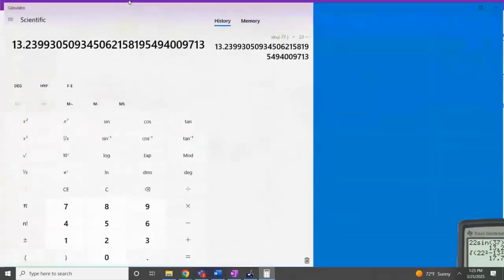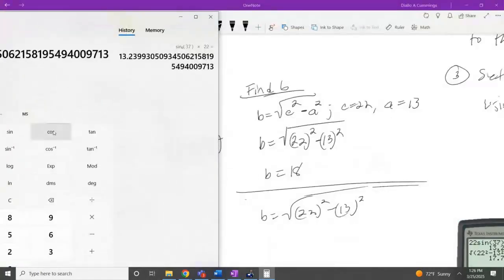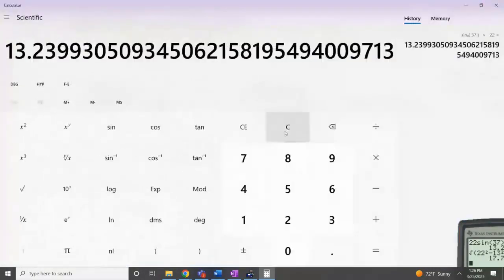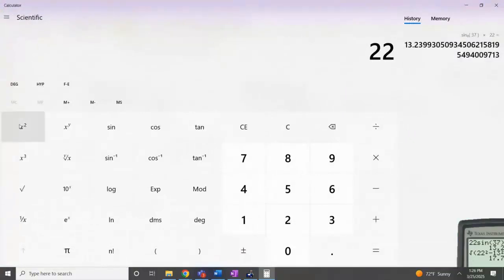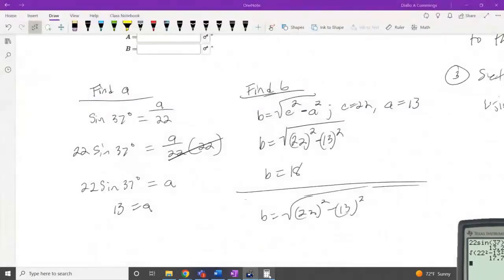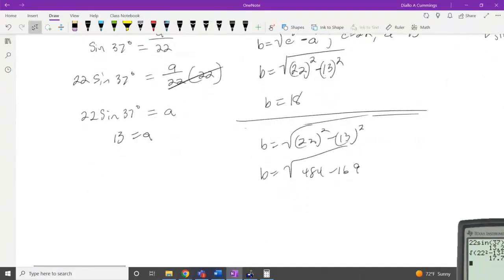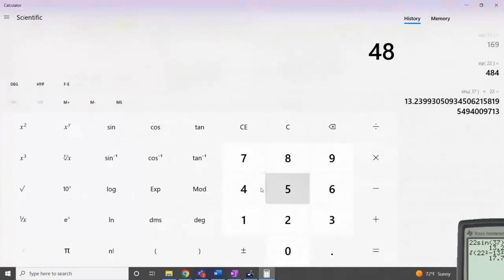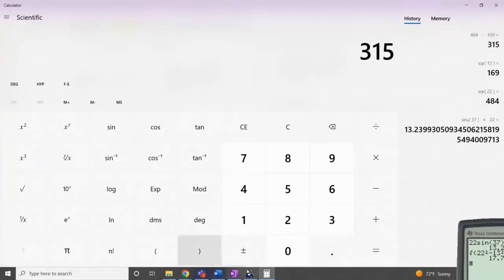So I would square 22. So 22 squared, that's 484. 13 squared is 169. Then I would subtract those two. 484 minus 169.